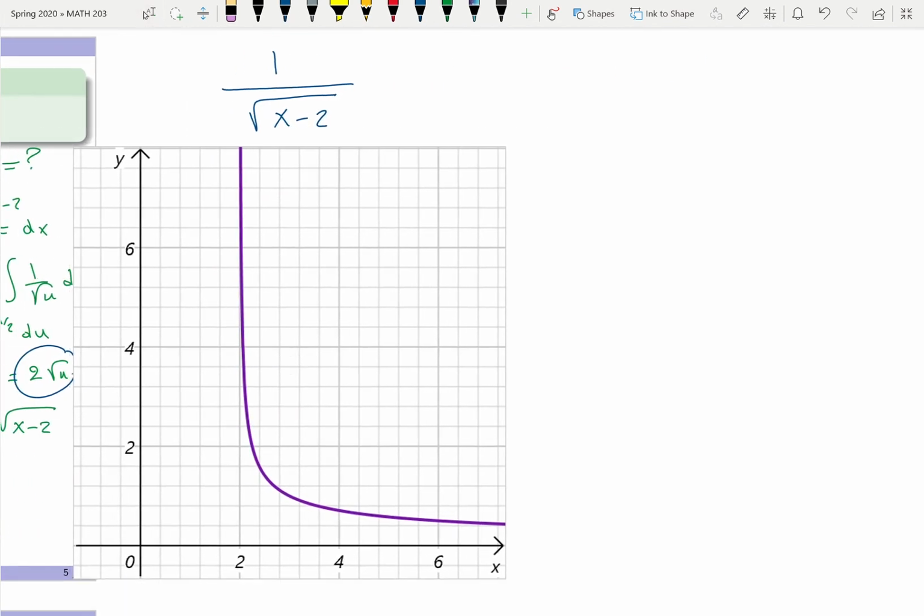That's the graph of 1 over radical x minus 2. And at x equal to 2 over here, we do have a vertical asymptote.